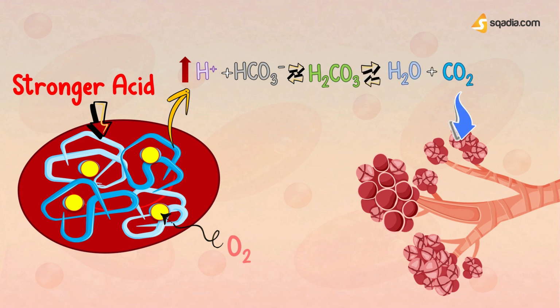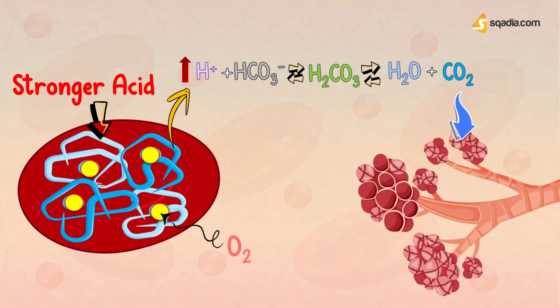And this carbon dioxide is released from blood into the alveoli, finally into the air. So, the Haldane effect is essential for the release of carbon dioxide from blood into the alveoli of the lungs, and also the uptake of oxygen by the blood. Or, in other words, unloading of carbon dioxide and loading of oxygen.